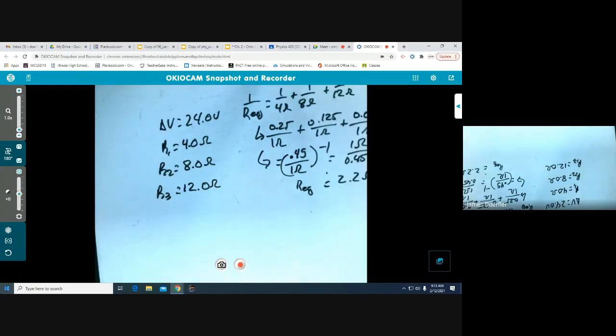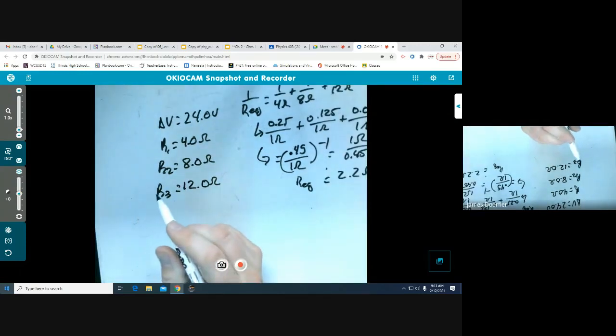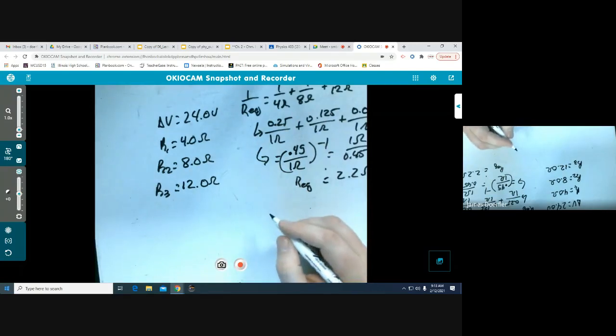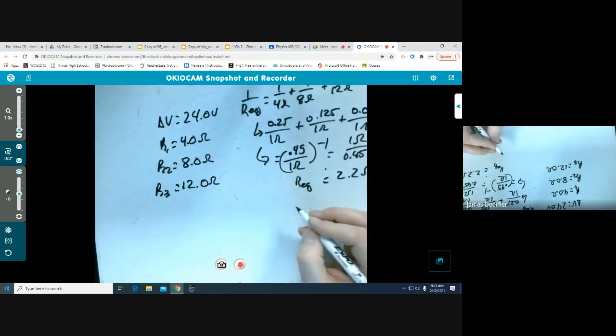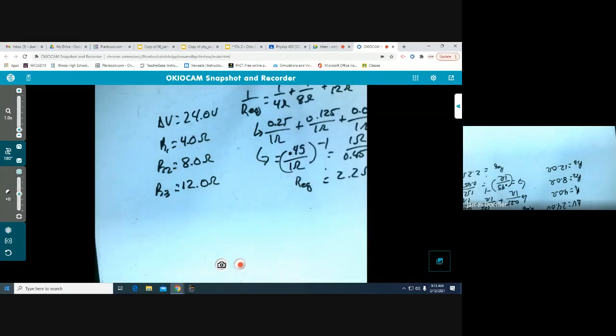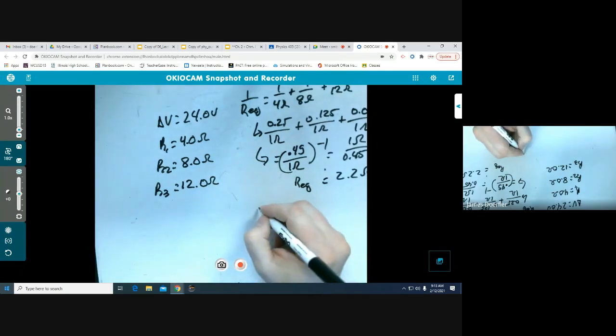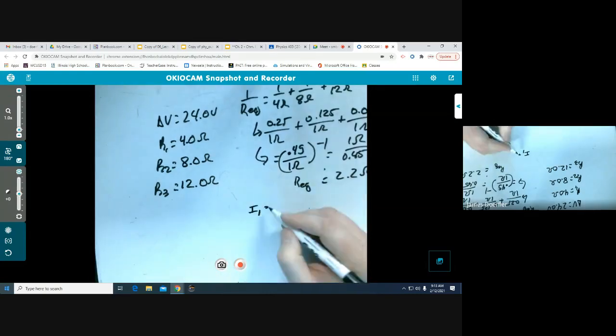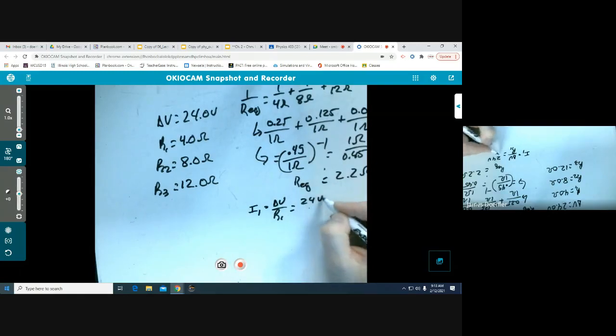Okay. Next thing we have to do is determine the current. I believe it says in each resistor, so we have to do this 3 times. For the current in the first resistor, I call it I1, we get delta V over R1, which is 24 volts divided by, what was that? 4 ohms.